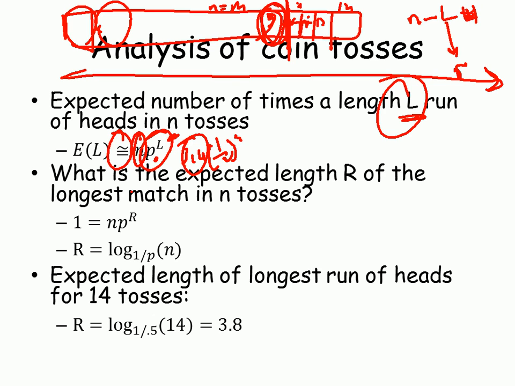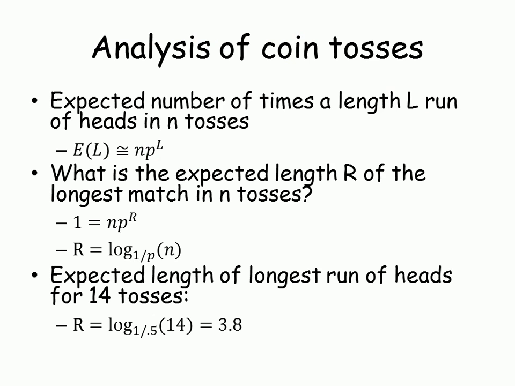There's a large difference between 14 and 10, but if n were very large, 1 million, then the difference would not be as significant. That's the logic behind the approximation. It's just to make the calculation simpler, to make the formula simpler.